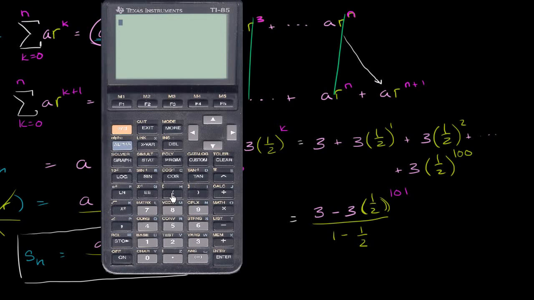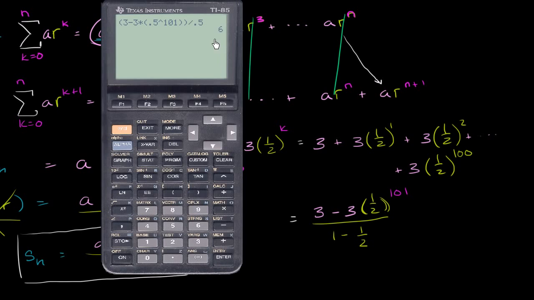So it's going to be 3 minus 3 times 0.5 to the 101 power, divided by, well, 1 minus 1 half is just 1 half, so divided by 0.5.